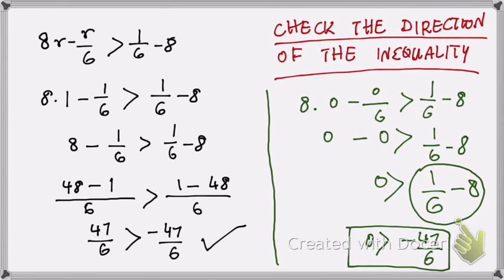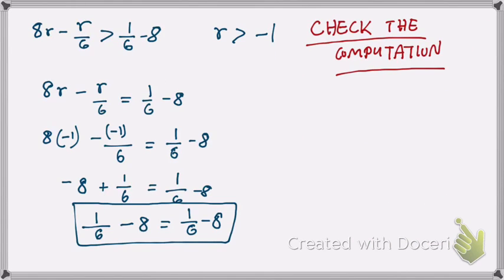We checked the direction of the inequality as well by substituting r with 0 and r with 1. Why did we substitute r with 0 and r with 1? Because r is greater than 1 is the solution.